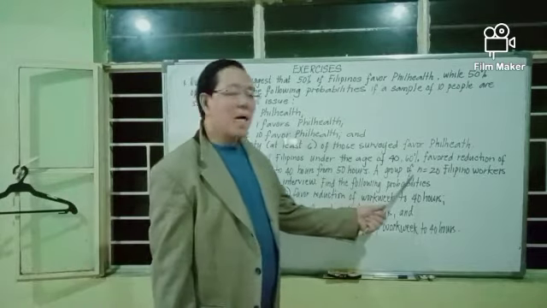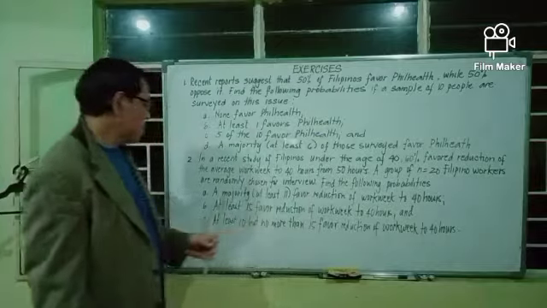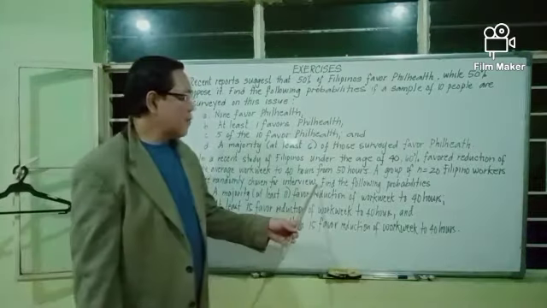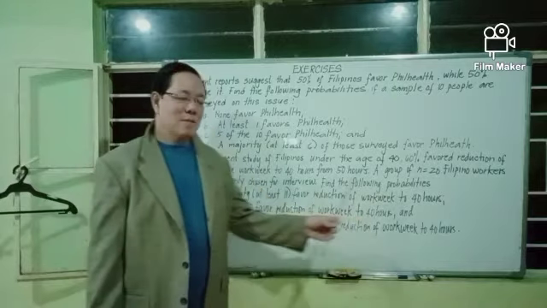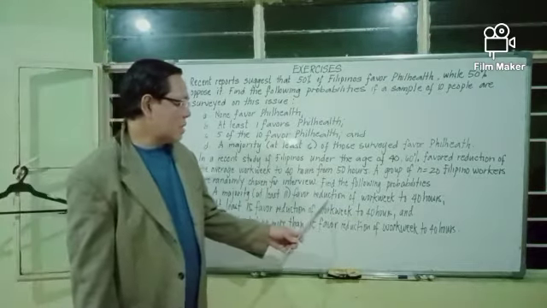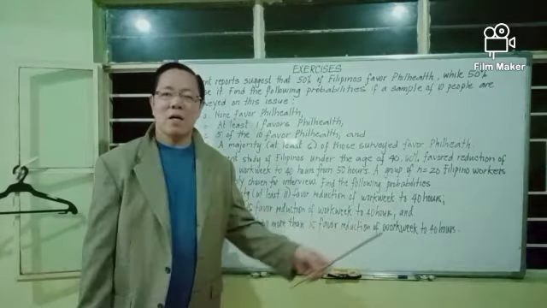A group of n equals 20 Filipino workers are randomly chosen for interview. Find the following probabilities. Letter A, majority favor reduction of work week to 40 hours.